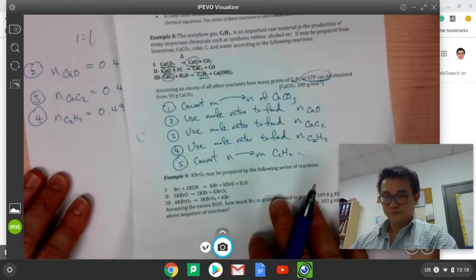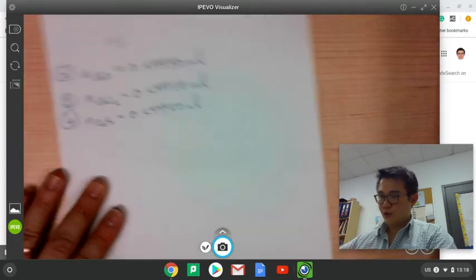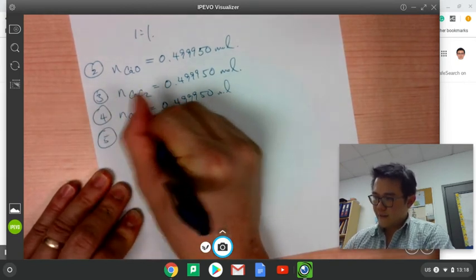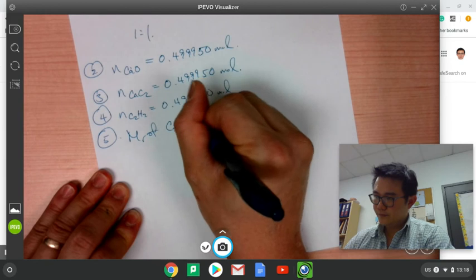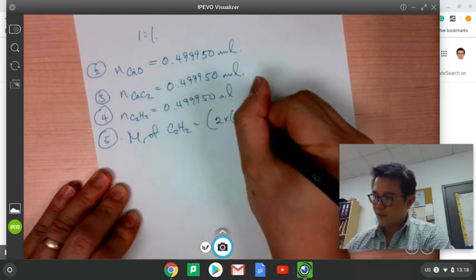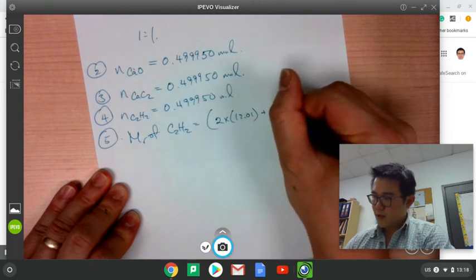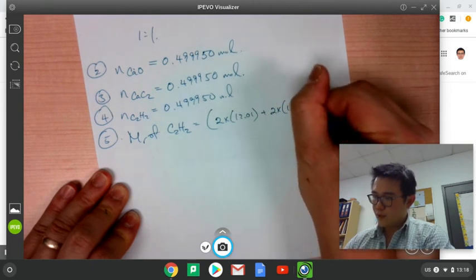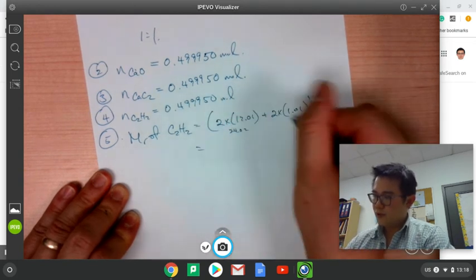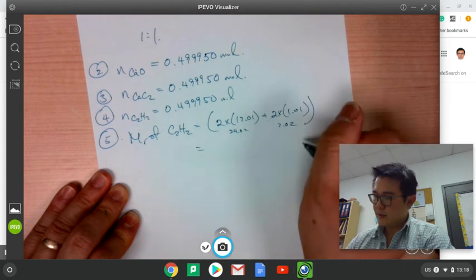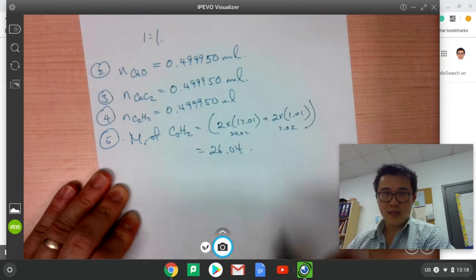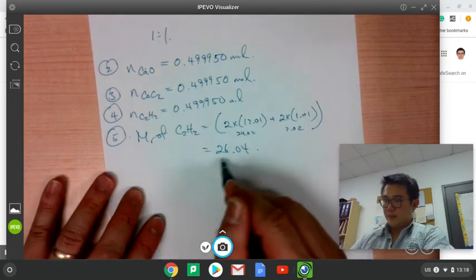It's C2H2, so again you need the molar mass of C2H2. There are 2 carbons, carbon is 12.01, plus 2 hydrogens, which is 1.01 each. So 24.02 plus 2.02 is 26.04. That's the molar mass.